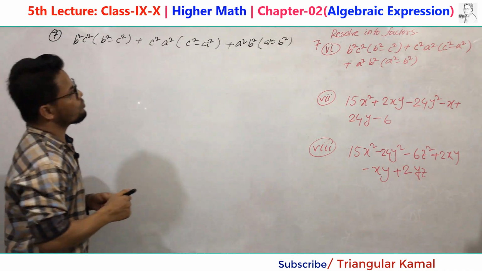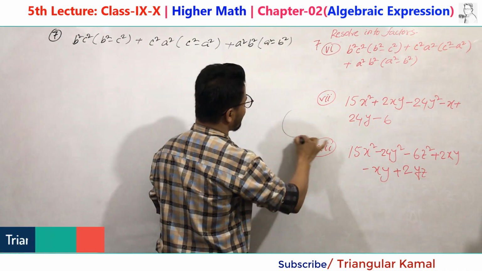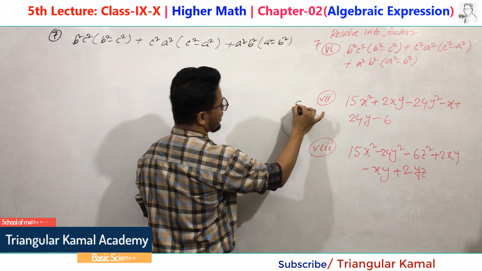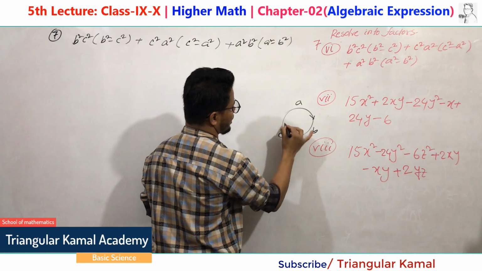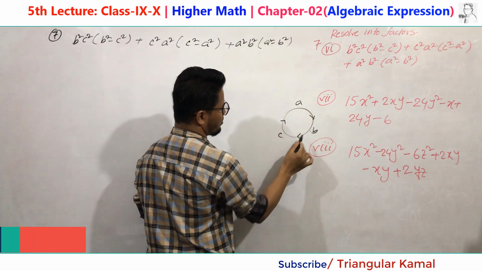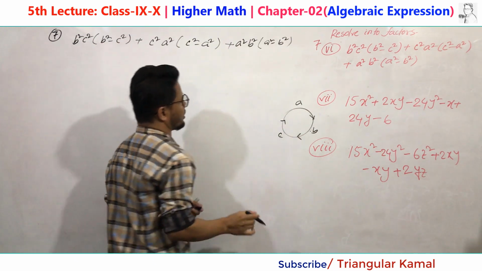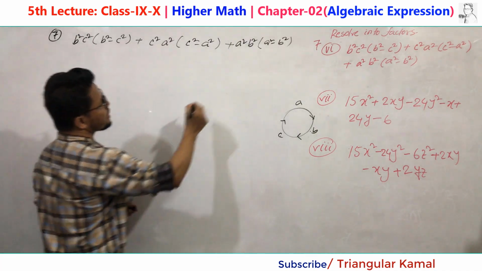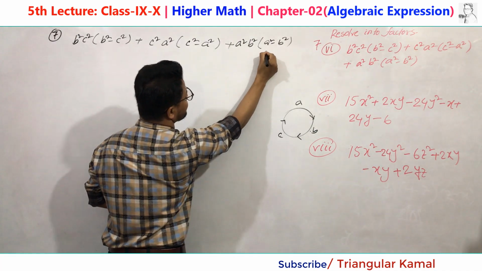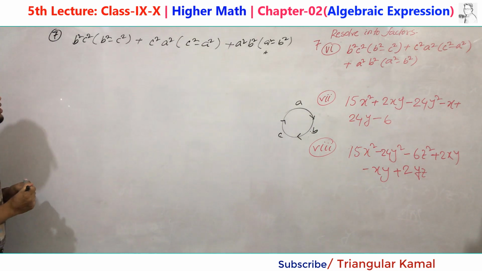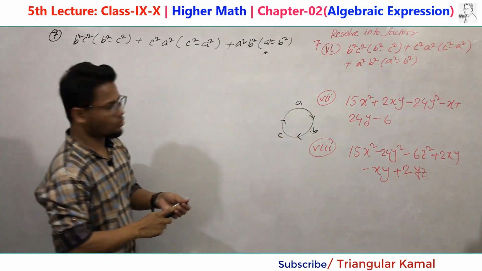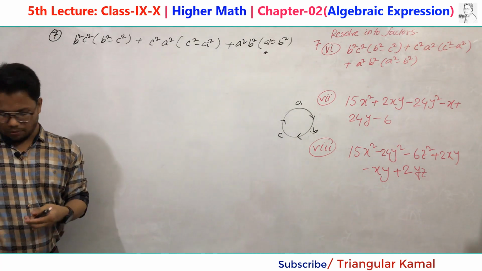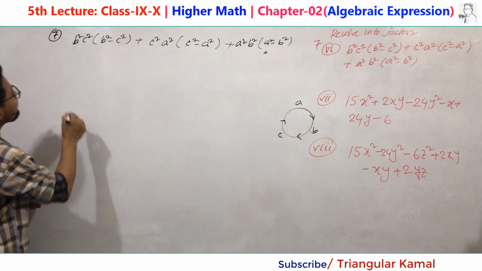We know that we will arrange all algebraic letters a, b, c in cyclic order, like a, then b, c, and c to a. So considering here this one is fixed, a square minus b square. Now we will do simple calculation for the next 2 steps.